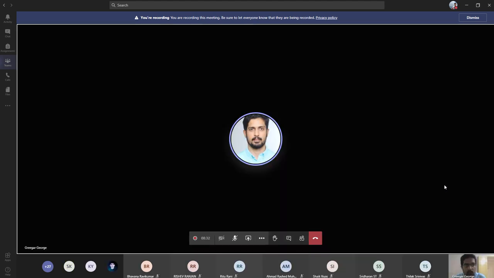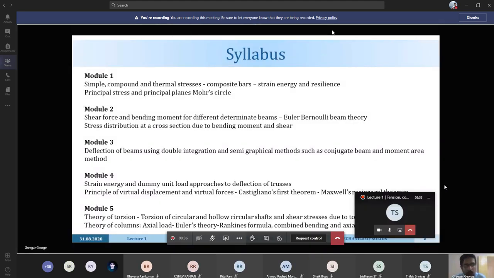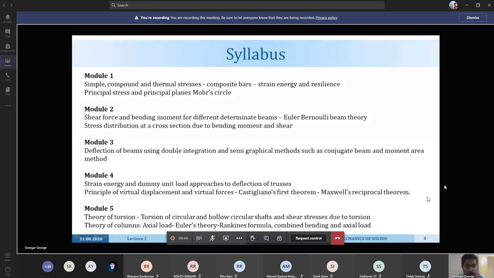In module 1, we will cover simple, compound and thermal stress, composite bars, then strain energy, principal stress and principal planes, and finally we'll end with Mohr circle. In compound and thermal stresses, you need to know what is basically meant by stress and strain. It was supposed to be taught in your engineering mechanics class, but we'll have a review of what stress and strain are.